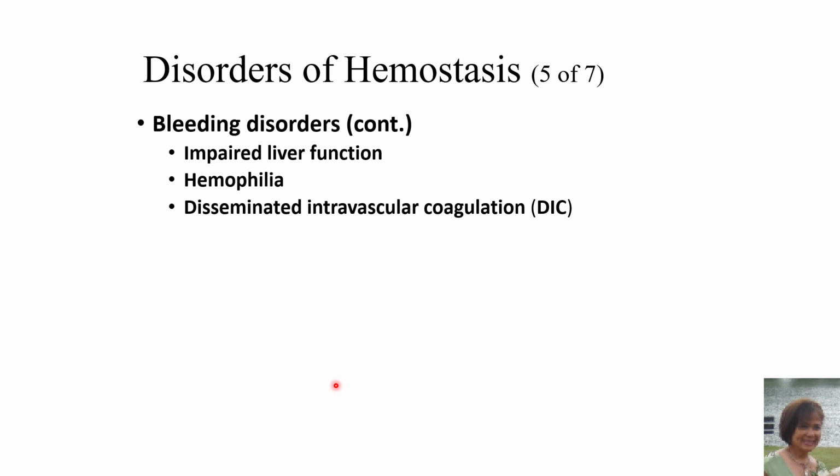So now we're going to get into the disorders of hemostasis. Of course, our body wants to stop bleeding, but there are things that the body may encounter that will not allow hemostasis to occur.